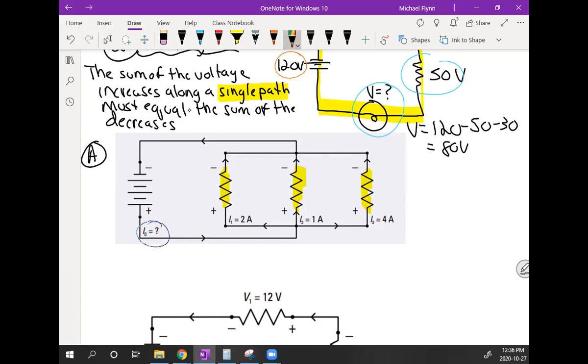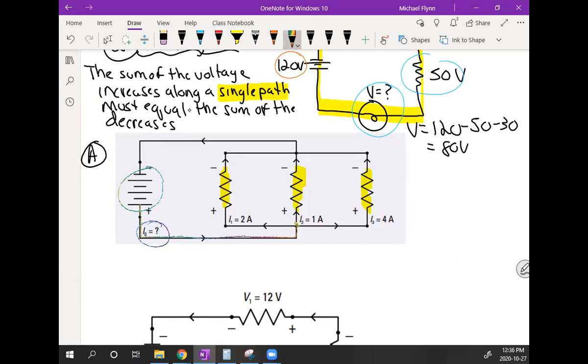Okay, so I like to use the analogy of going skiing sometimes. So you get off your chairlift, and this battery here is your chairlift. Now some people get off the chairlift, and they travel along this path, then they reach a fork in the road.